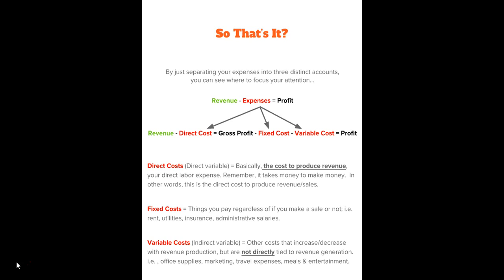For example, rent, utilities, insurance, administrative salaries. Variable costs, also known as indirect variable costs. These are other costs that increase or decrease with revenue production, but are not directly tied to revenue generation. For example, office supplies, marketing, travel expenses, meals, and entertainment.